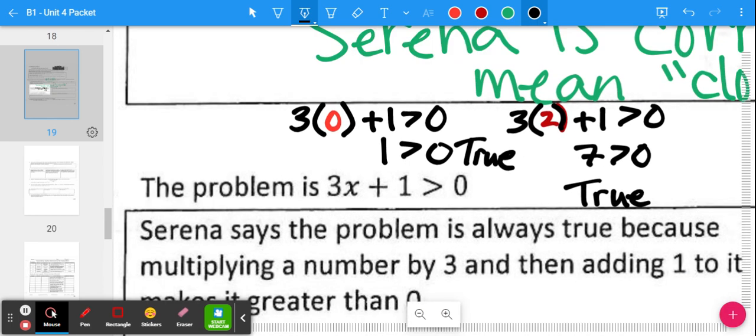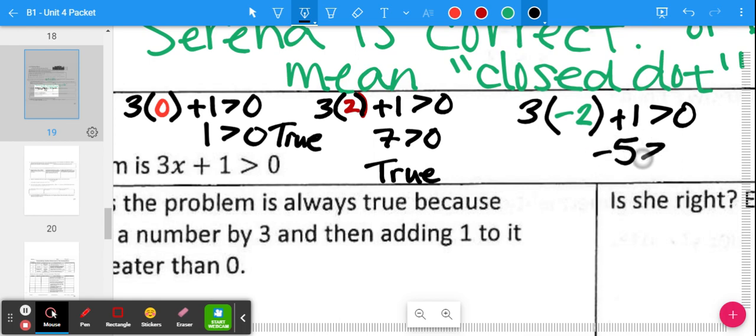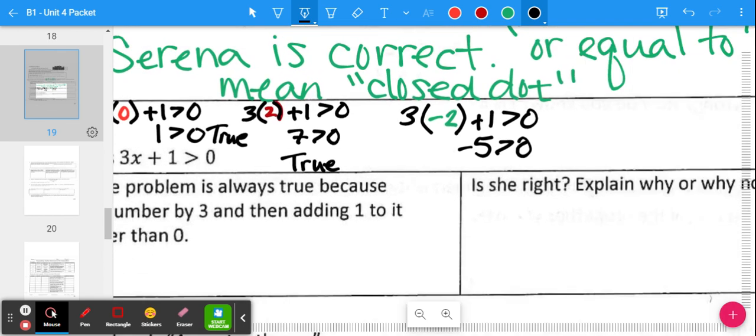So what if we plug in a negative number? So I'm going to put 3 multiplied by negative 2 plus 1 is greater than 0. 3 multiplied by negative 2 is negative 6. Negative 6 plus 1 is negative 5, which gives us a false statement. So Serena's correct if we're talking about numbers 0 and larger, but when we get into the negative numbers, she is not correct.